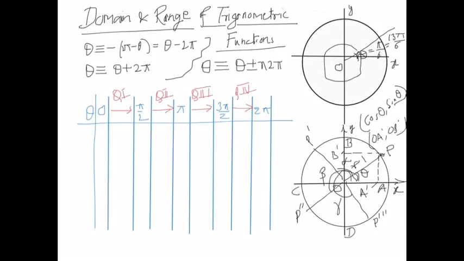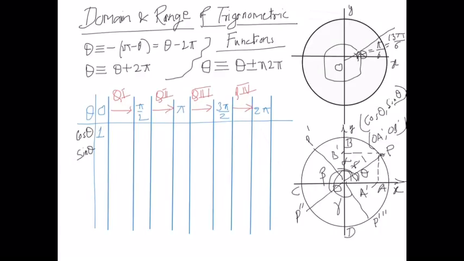Now let us first see how cos theta and sin theta would behave as theta goes from 0 to 2 pi. Now what is cos theta when theta is 0? We have earlier calculated this value to be 1.